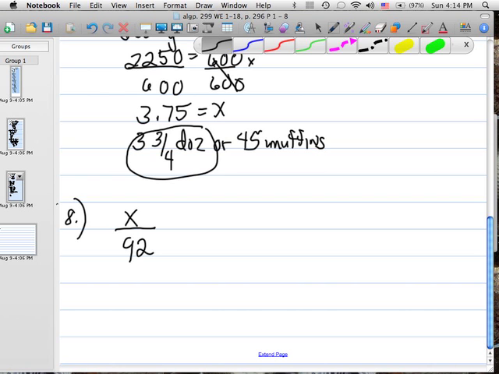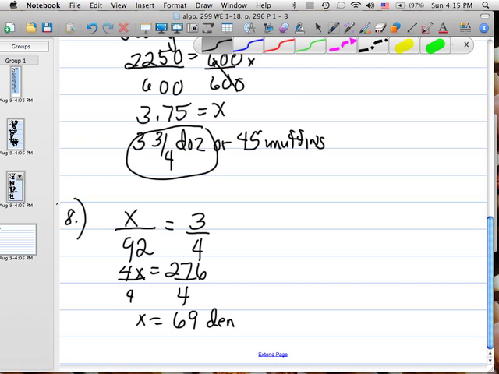And we want to know how many favored it. And there were 3 out of 4. So cross products, 4x equals 276. Divide by 4, and x equals 69 dentists.